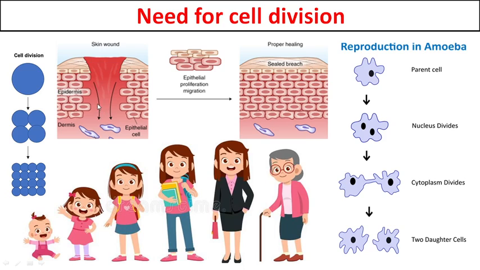They have just come off, right? So there should be other cells which will divide and fill up this gap, okay? And as they fill up this gap, your skin or your tissue becomes normal. There is proper healing. So these are the reasons you should keep in mind why cell division is important, okay, the basics.